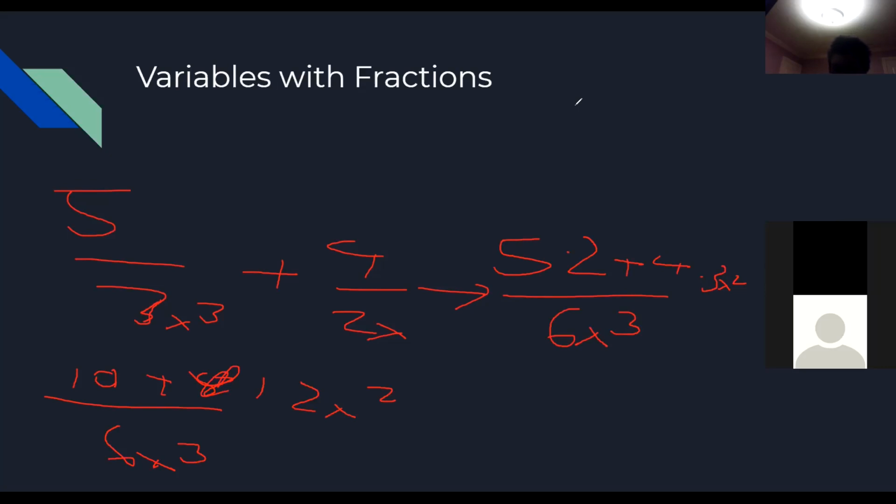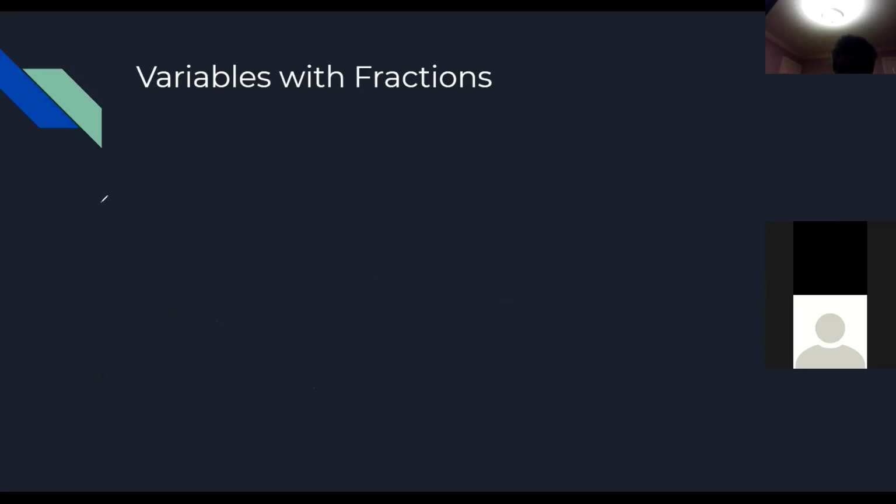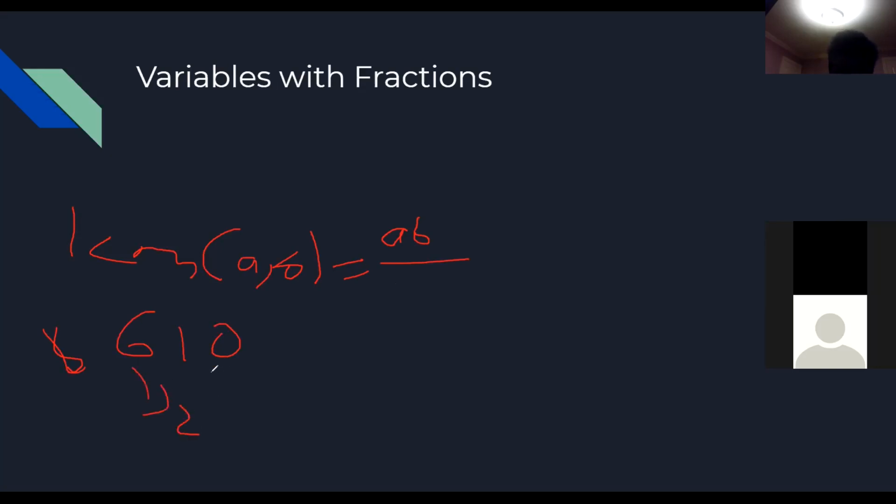Now on a note of finding lowest common multiples, the LCM of A and B is equal to AB divided by the greatest common factor between A and B. So if we had 6 and 10, the greatest common factor or divisor would be 2.